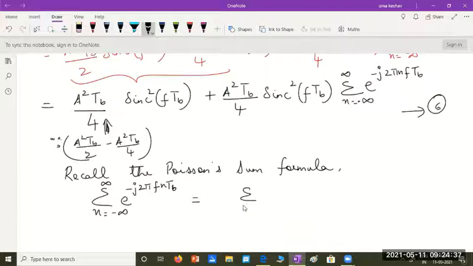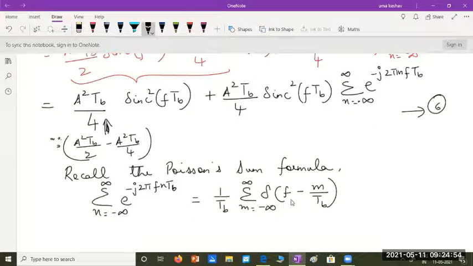This can be given as summation m ranging from minus infinity to plus infinity, delta function, delta f minus m by Tb, and the whole thing divided by 1 by Tb.